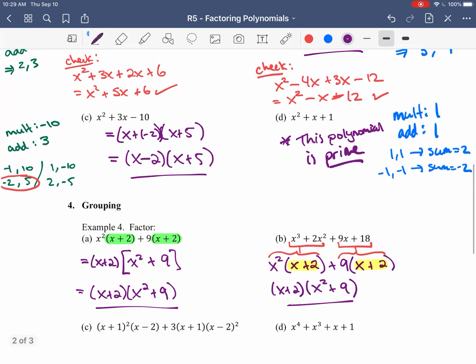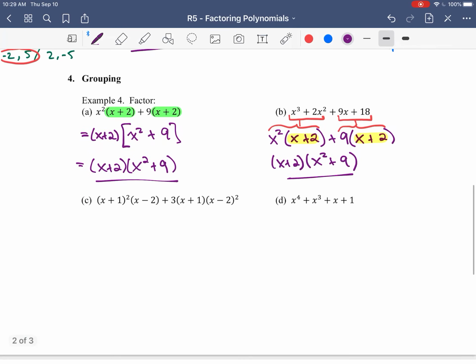Okay, so let's move on to the grouping now. So in part C here, so remember in the first one we want to look for common factors first. So I see that there's x plus 1 in both of these terms. And there's also x minus 2 in both of these terms. So the first thing I'm going to do is pull those things out.